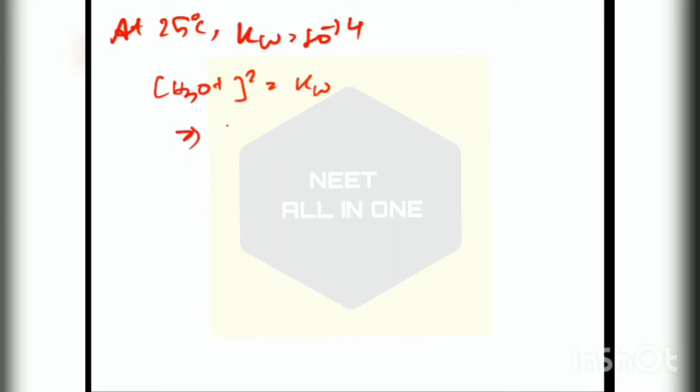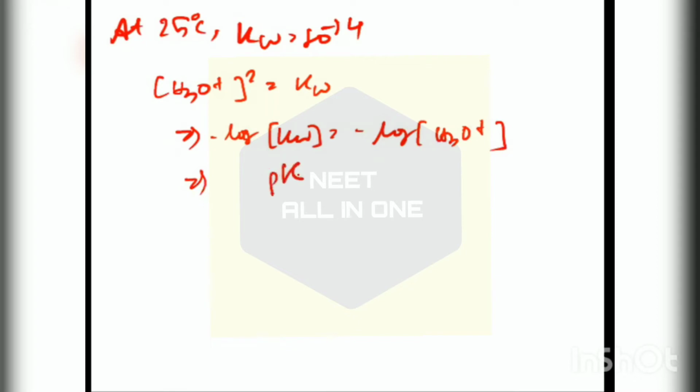So if we take log of it, minus log of KW will be, in the case of this, minus log of H3O⁺. We all know that minus log of H3O⁺ is the pH. So here in the case of water we write it as pKW. So it will come to minus log of 10 to the power minus 14 by 2.